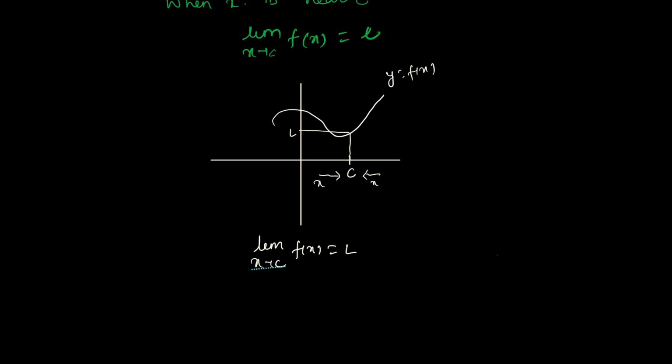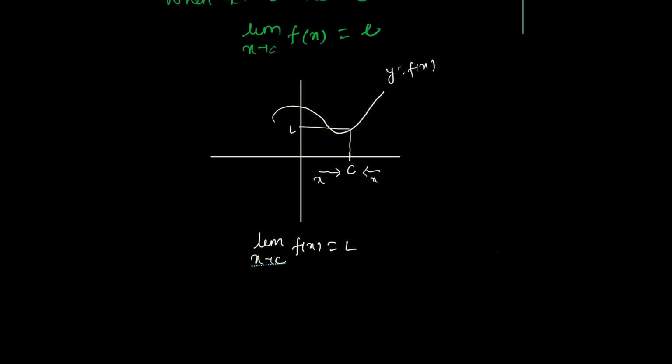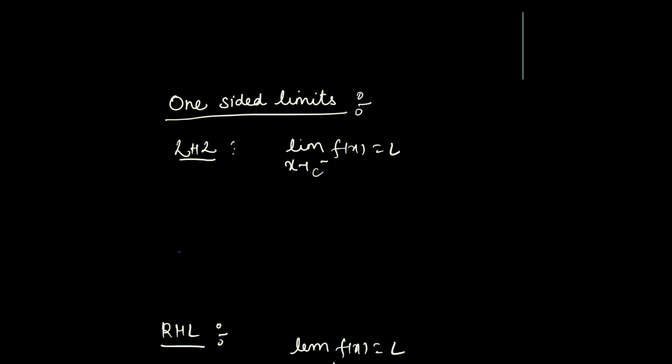Okay, so let's discuss the idea of a one-sided limit. If we have a Cartesian coordinate system, we have this function at x equal to c.